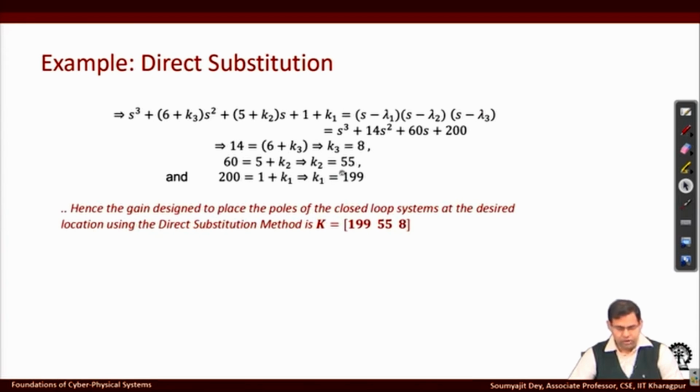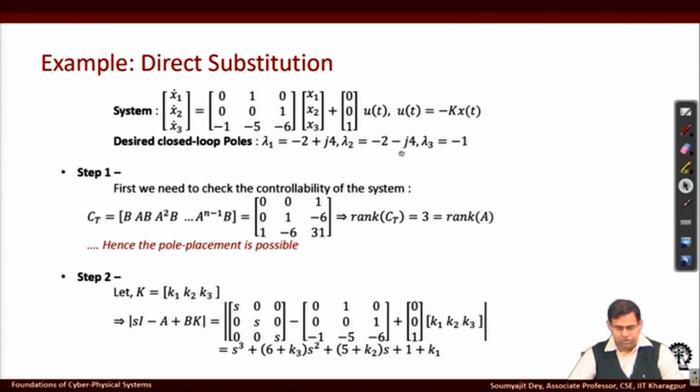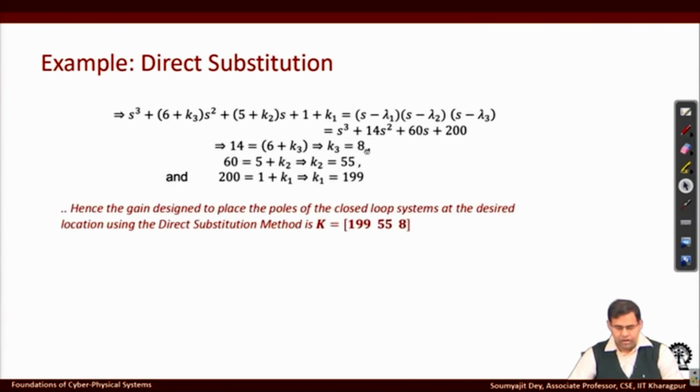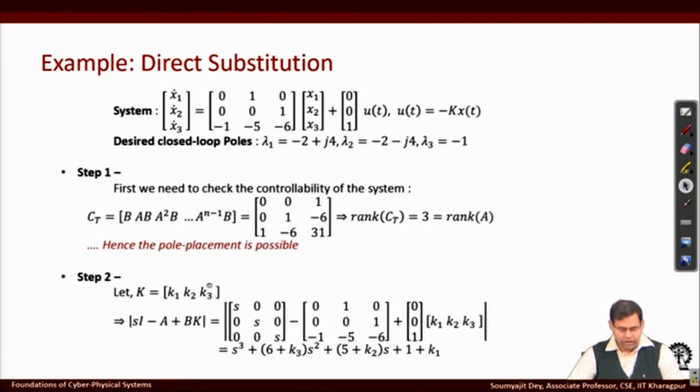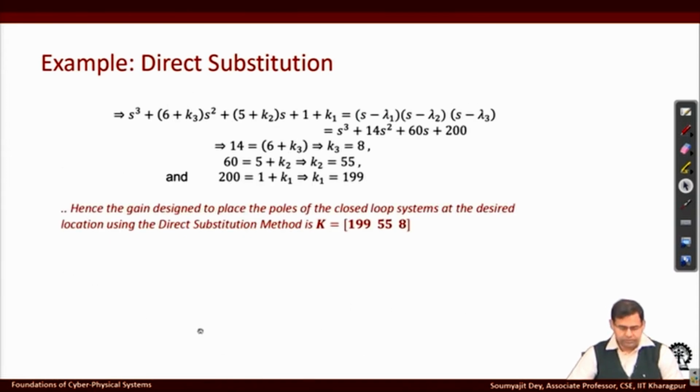All you do is, if these are the roots, then together they give me this characteristic equation, which is (s minus lambda 1)(s minus lambda 2)(s minus lambda 3), and this must be equal to the left hand side, which is the characteristic equation derived from sI minus A plus BK.